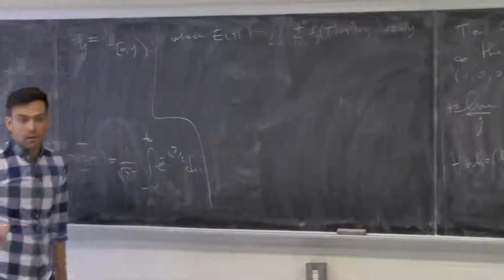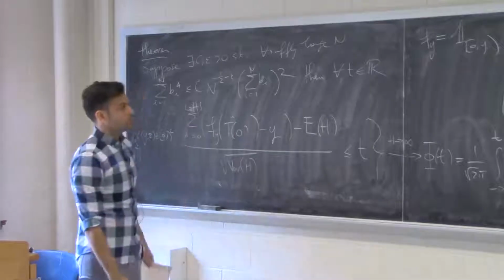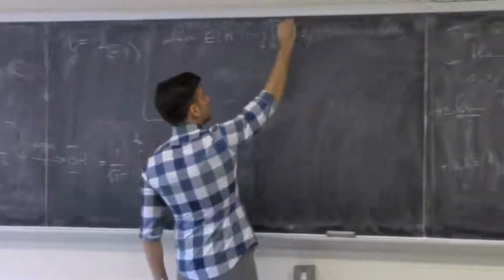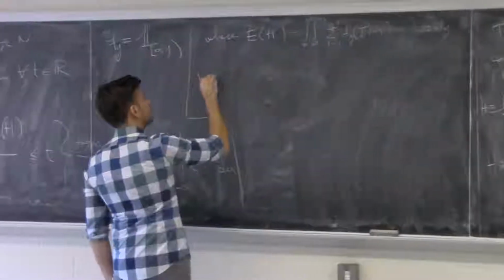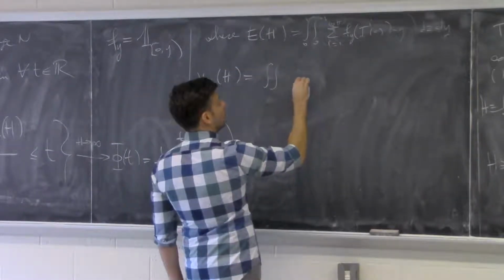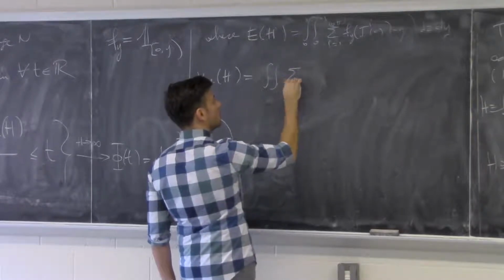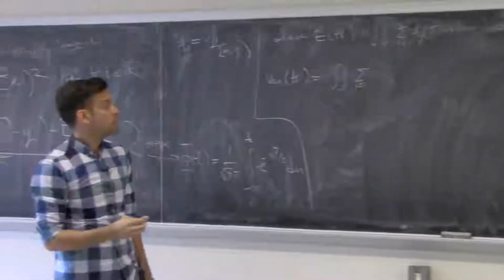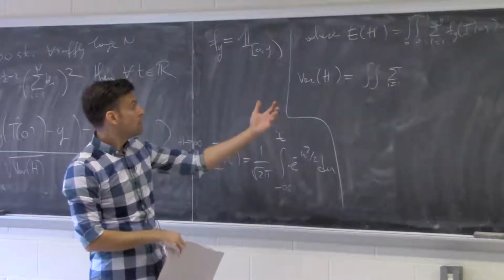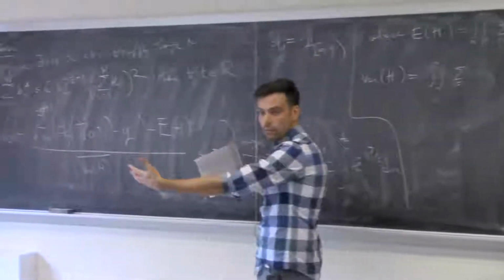So that's the expectation of this random variable. And then the variance of h is the same double integral of the same thing. Exactly. So it's F of y, z, and if this whole big expression is a function of y and z, this is f.